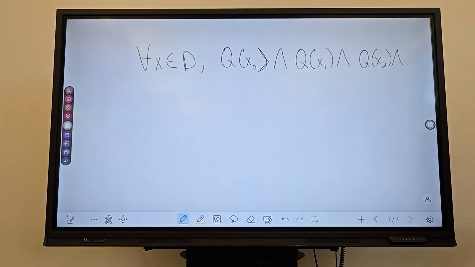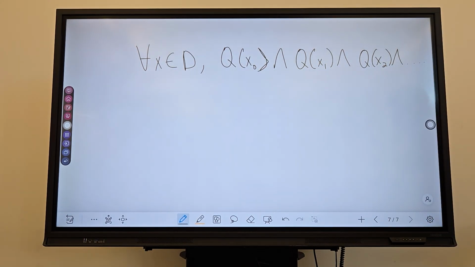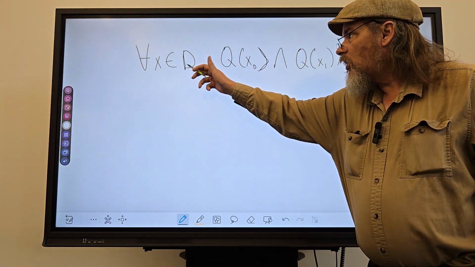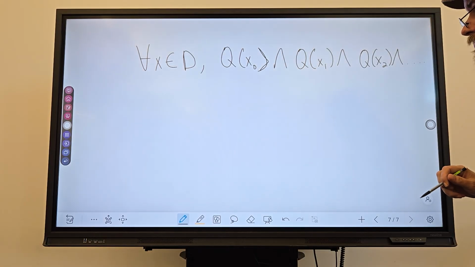It is true for all of the predicates when you do the and of each element in D. That would be for all x in D.